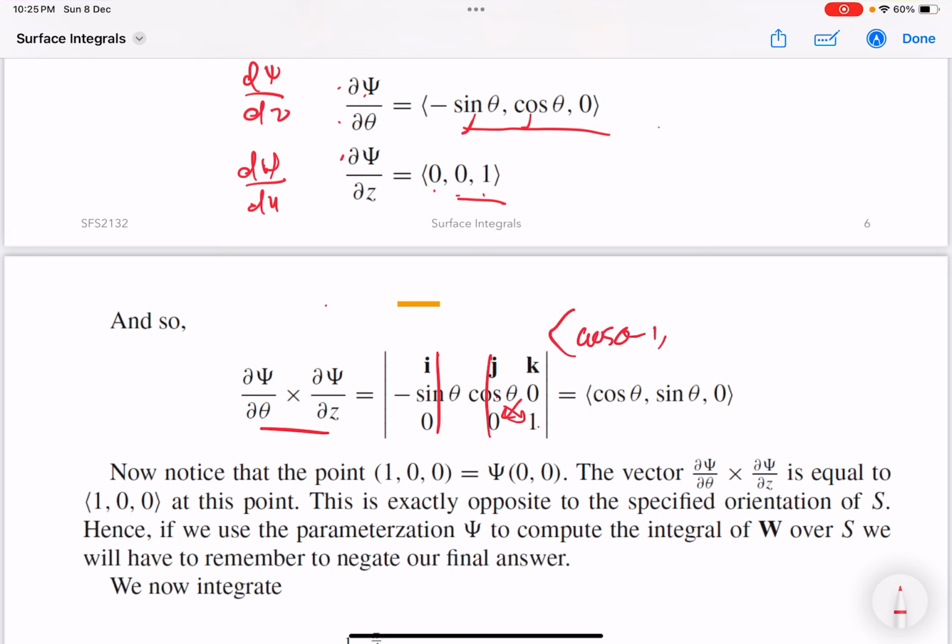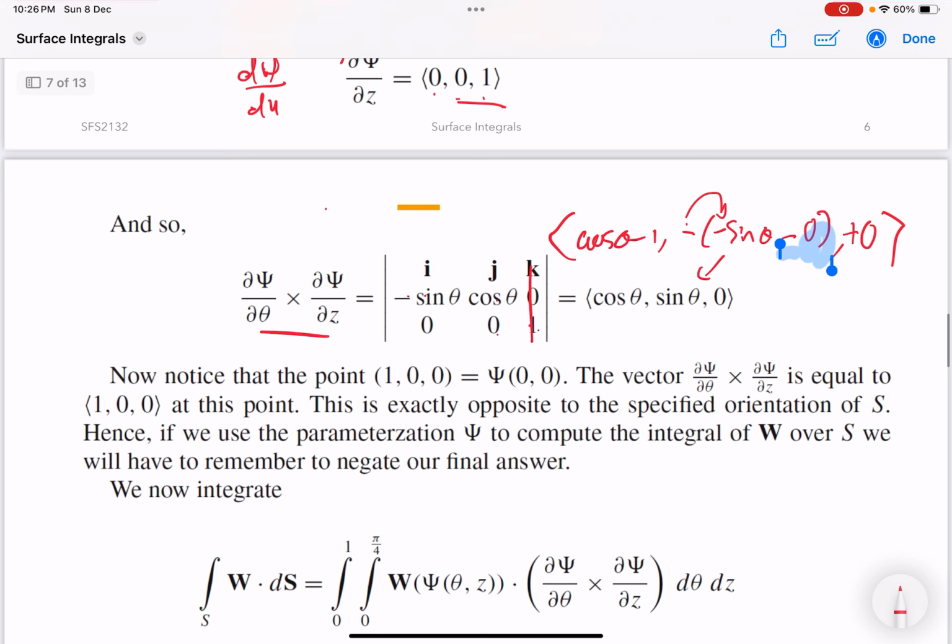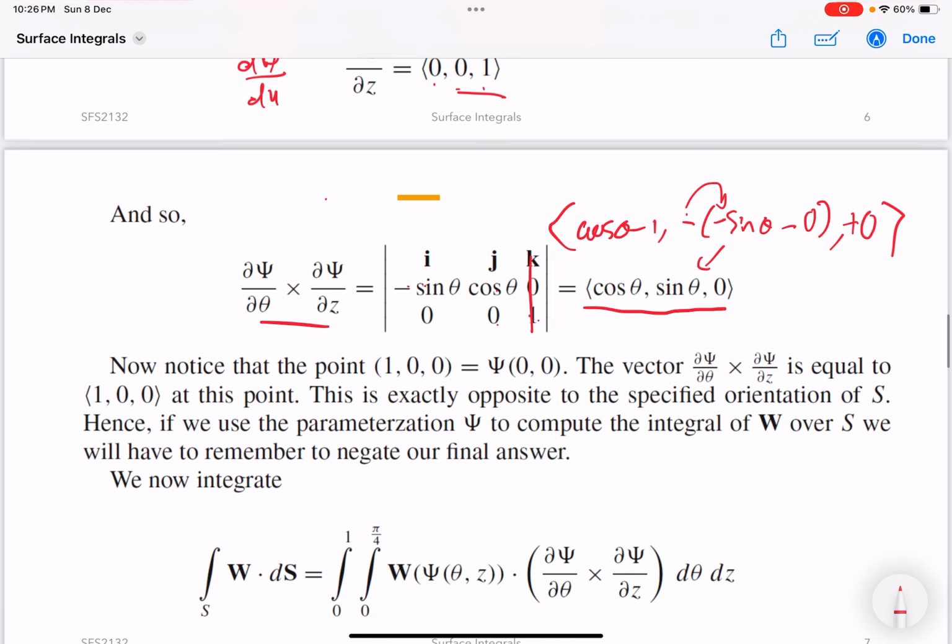As for the j component, you have negative negative sine minus 0, so you get positive sine here. And the last component is 0. So from that cross product, you get this vector.